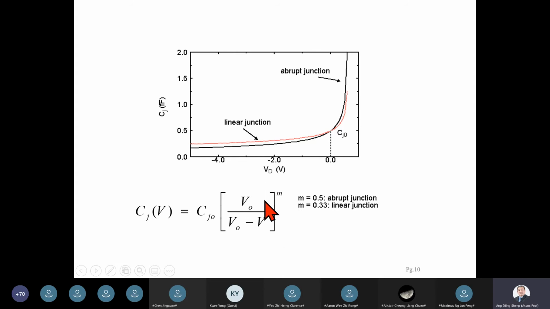You have to start right from the beginning, when you solve Poisson's equation, because you need to decide the functional form for NA and ND. In the earlier derivation, I took them to be constant, but you can approximate them as linear functions of distance in a real p-n junction. From there, you should try to see if you can obtain m to be 1/3 for a linearly graded junction. This is optional, so you can try this if you want to.